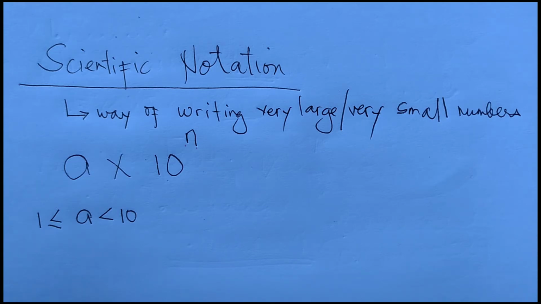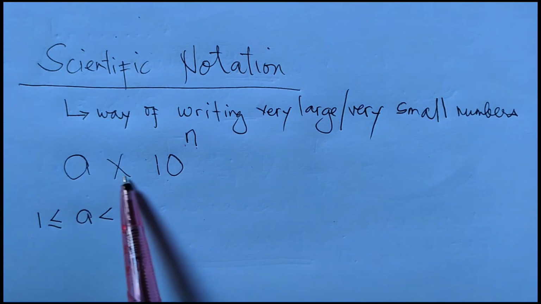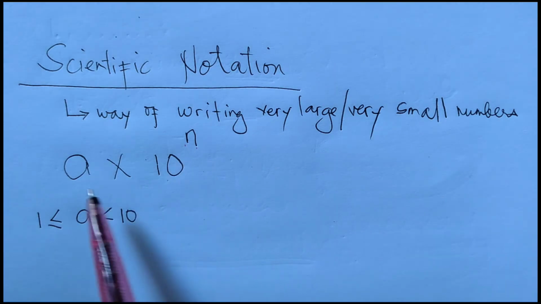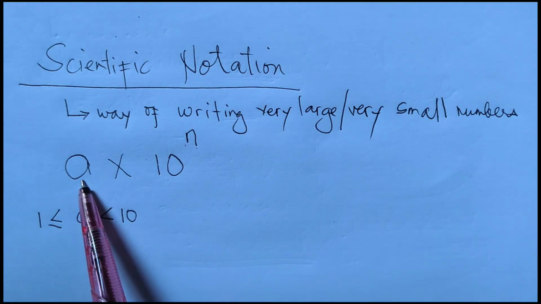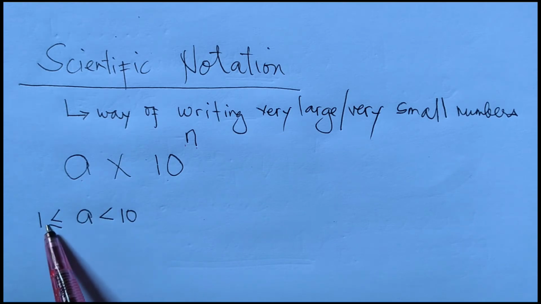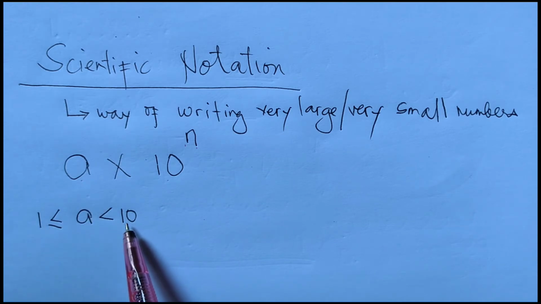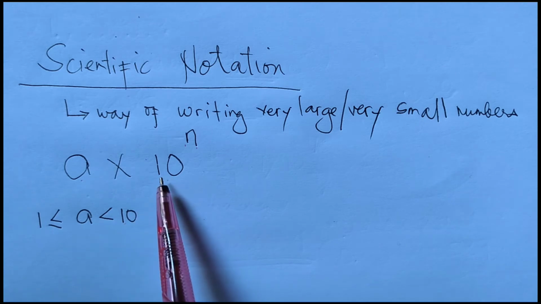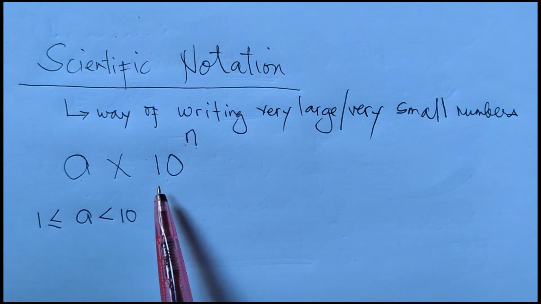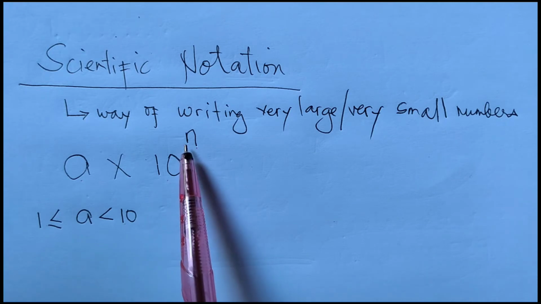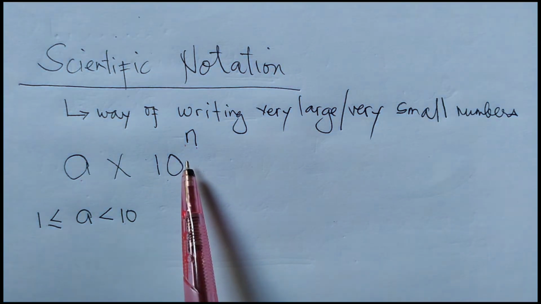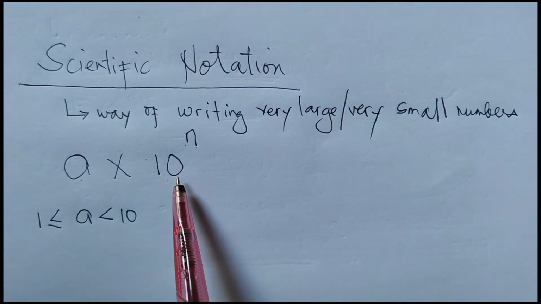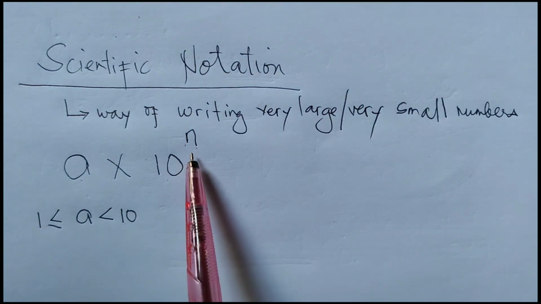Let's talk about scientific notation. Scientific notation is a way of writing very large or very small numbers in the form a times 10 raised to the power of n, where your first factor, a, should be equal to or greater than 1 but less than 10, and the second factor is an integral power of 10 raised to the power of n, where n is the number of times that the decimal point is moved either to the left or to the right until it reaches the first significant digit.